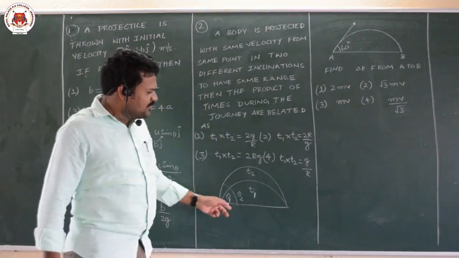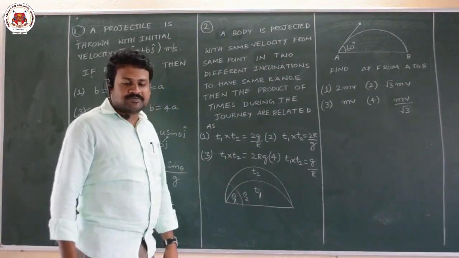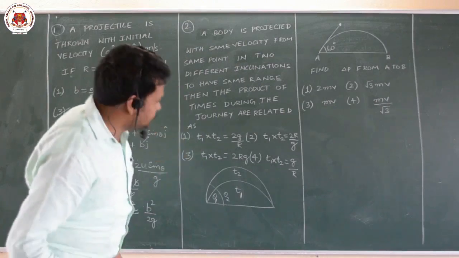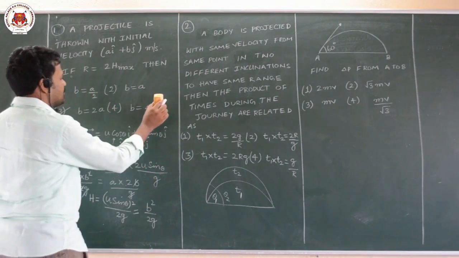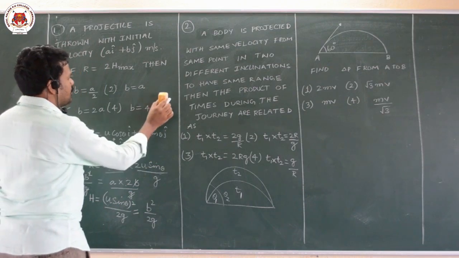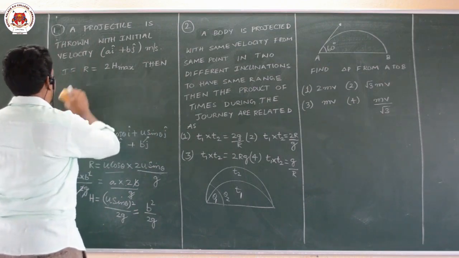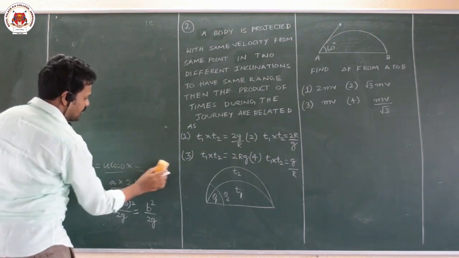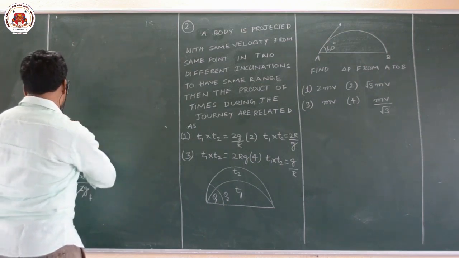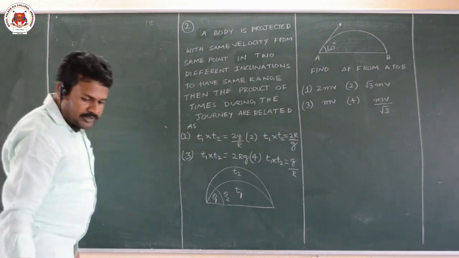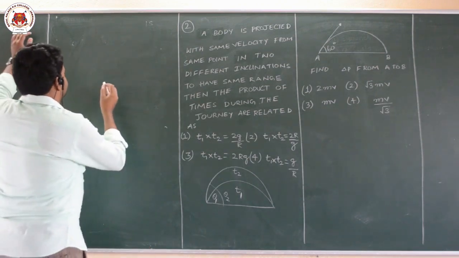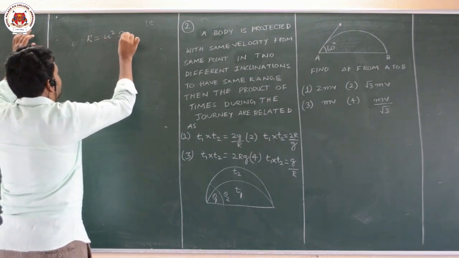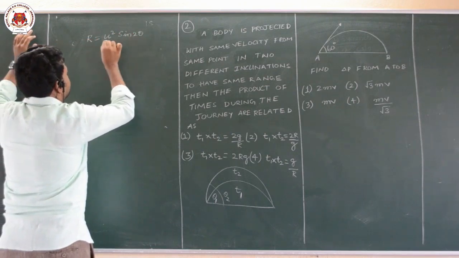Now, what is the relationship between range as well as time taken? So, first you should know when we will get the same range for two different angles of inclination. The range formula is range is equal to u square sin 2 theta by g.